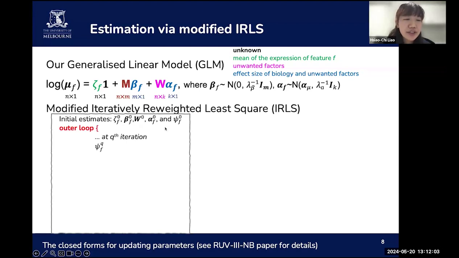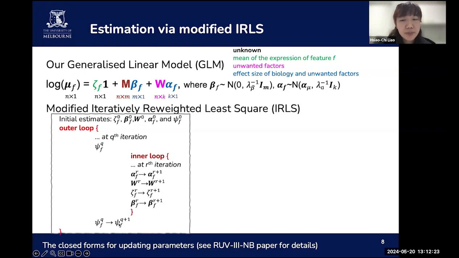Given the current estimate of the dispersion parameter, the algorithm would update the parameters of the log linear model. So the alpha, W, and the intercept and the beta will be updated in the inner loop. And after convergence, the dispersion parameter is then updated in the outer loop.